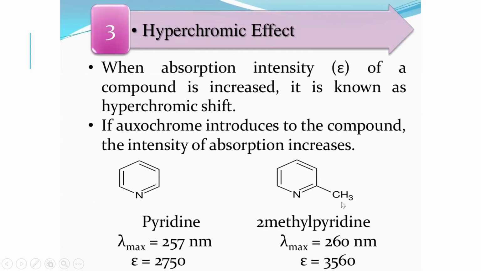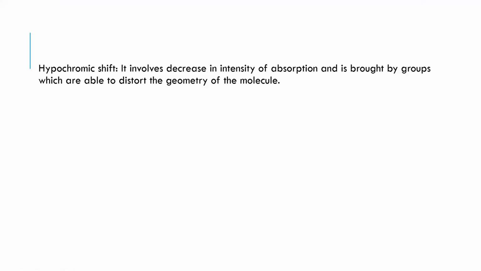When a methyl group is attached to pyridine, 2-methyl pyridine, the molar extinction coefficient value is 23560, which is more when compared to the pyridine. So here the introduction of this group causes increase in the intensity of the absorption. This is known as hyperchromic effect or hyperchromic shift.